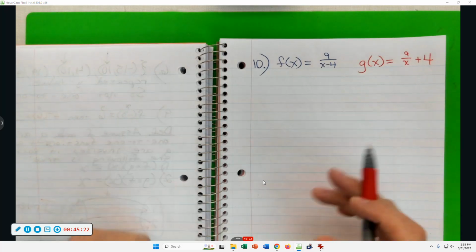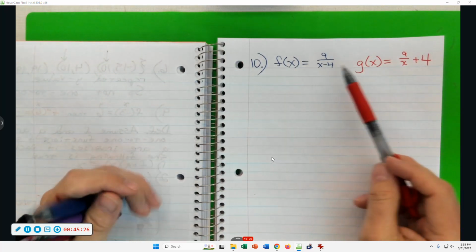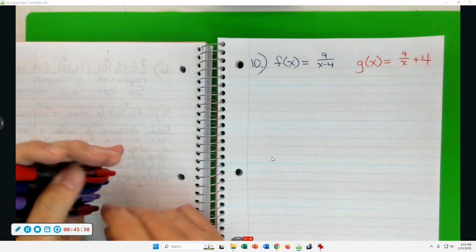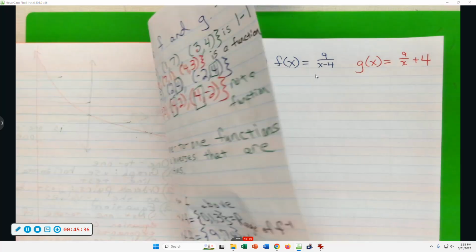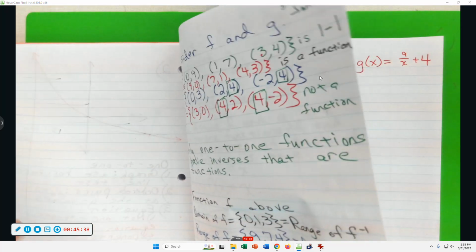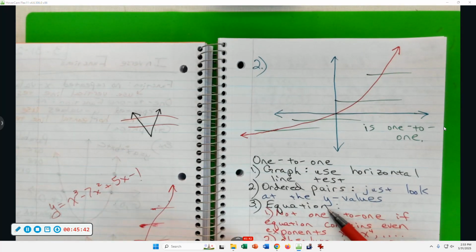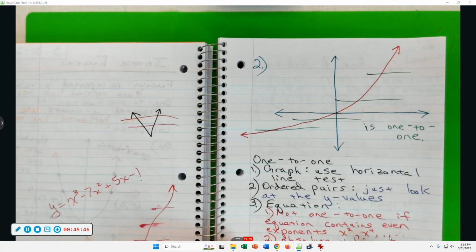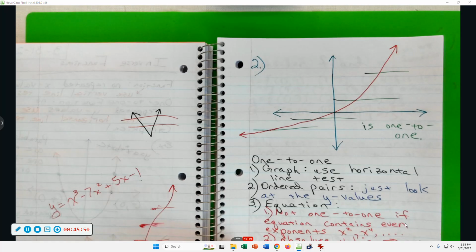Here's something I'm noticing. I claim f and g are both 1 to 1. For equations, if you're trying to decide if it's 1 to 1, look at the equation. If they're even exponents, then the thing isn't going to be 1 to 1.